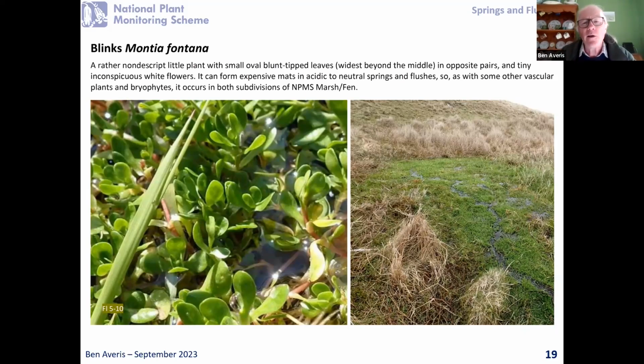Flowers are so tiny and inconspicuous. There aren't any in that photograph, but the leaves are widest towards the tip, and they're quite blunt. So it's actually quite an easy thing to tell, these little opposite pairs of leaves of an obovate shape.